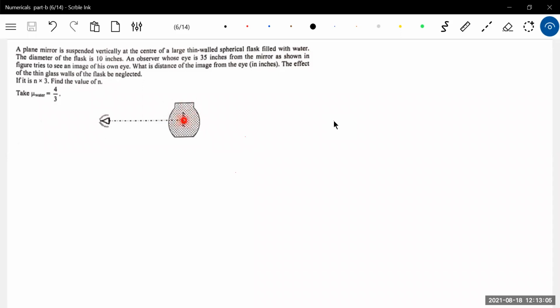Not this part, you take this as 10 inches, so this distance will be 5 inches. So the remaining distance will be 30 inches.